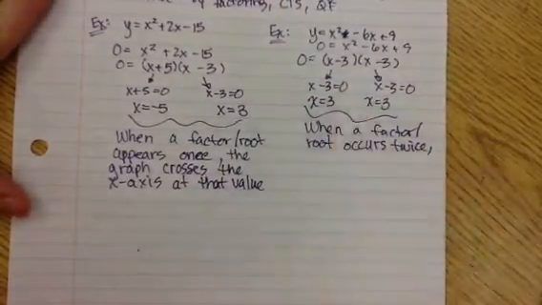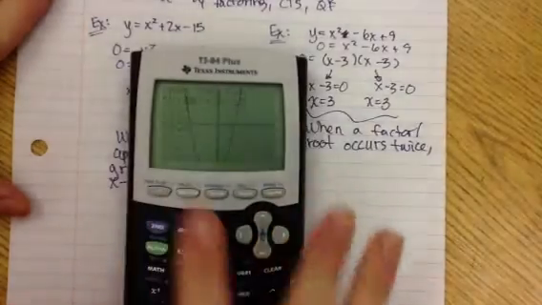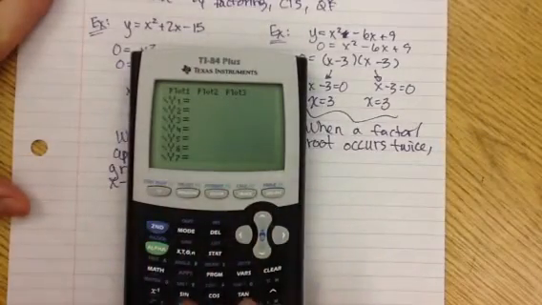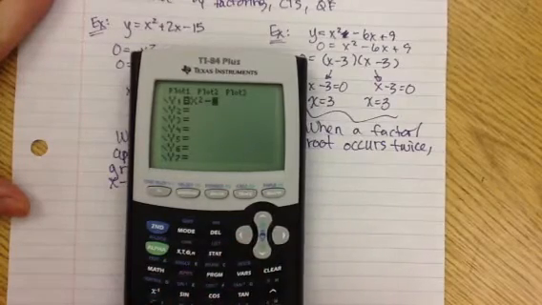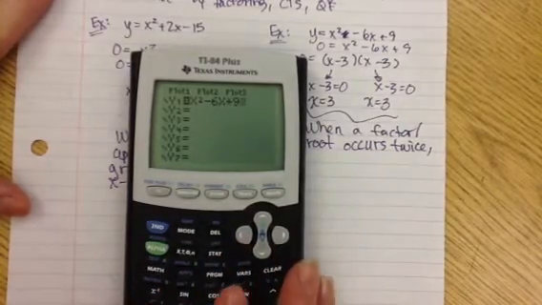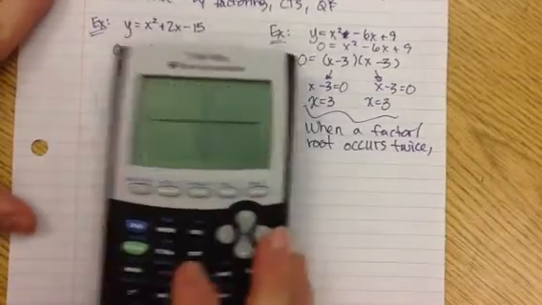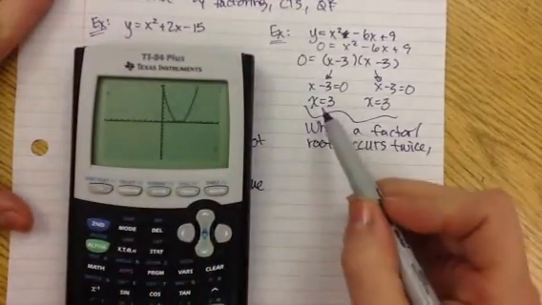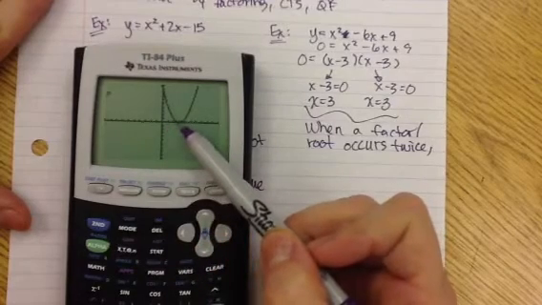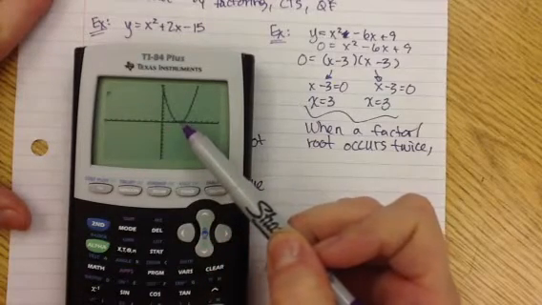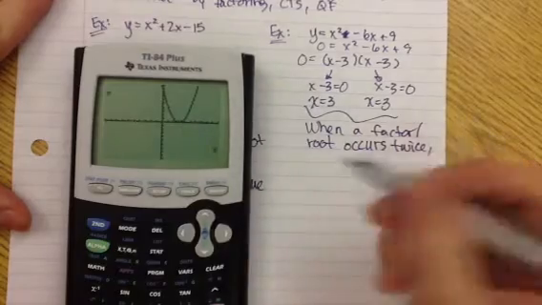Let's see what happens on our other one. So y equals x squared minus 6x plus 9. And we found that it had a root at 3 and 3. So if we look at positive 3, what's happening there is that the graph doesn't really cross through the axis.